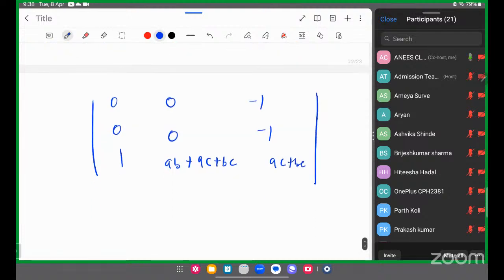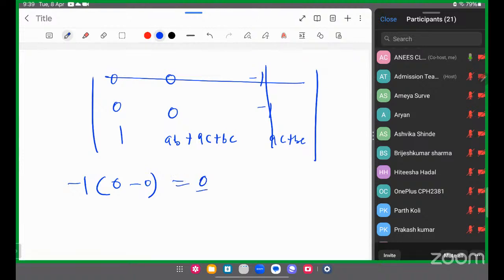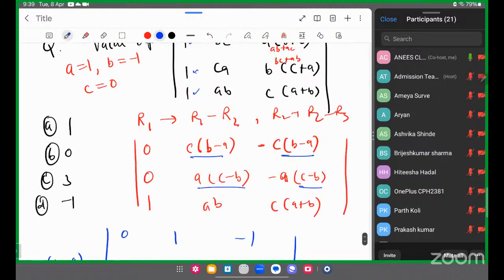Now if you expand it, plus minus plus, so this will be minus 1. This will be deleted, this will be deleted. This will be 0, this will be 0, overall will be 0. So the answer will be again 0.